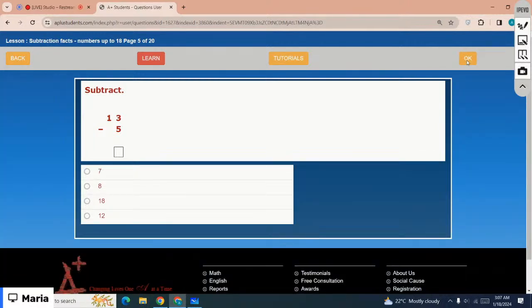The next one is 13 take away 5. Yes, the correct option is 8. 13 take away 5 is 8.